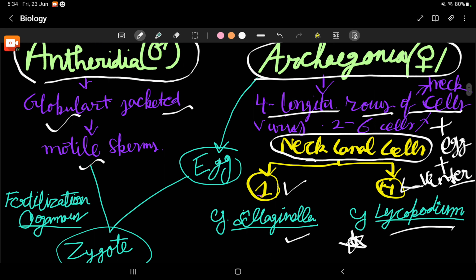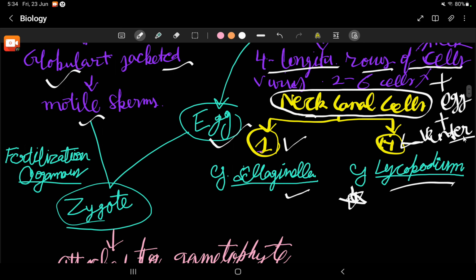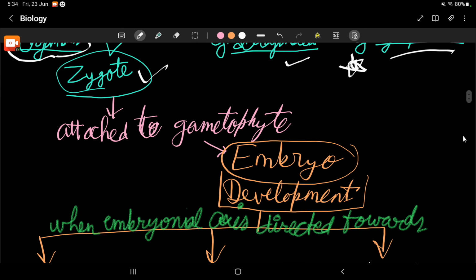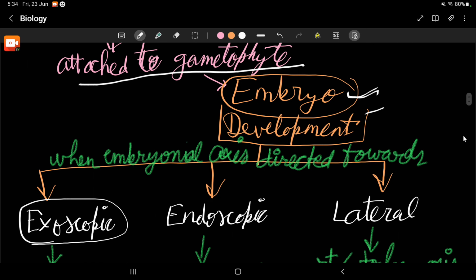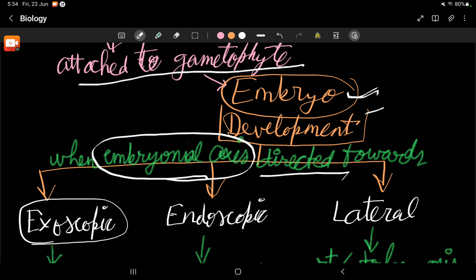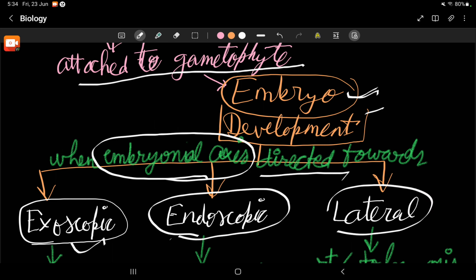The archegonia form eggs which fuse with the motile sperms to form the zygote, and fertilization is oogamous. The zygote remains attached to the gametophyte and forms the embryo. On the basis of direction of the embryonal axis, it divides into 3 categories: exoscopic, endoscopic, and lateral.